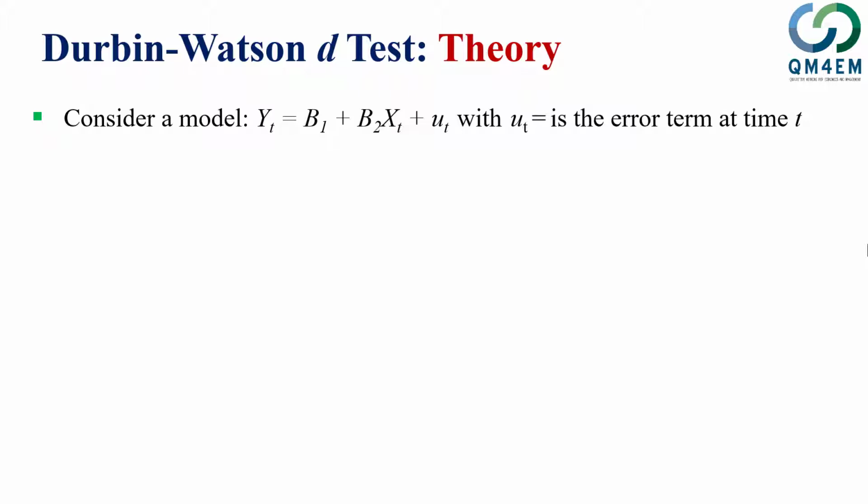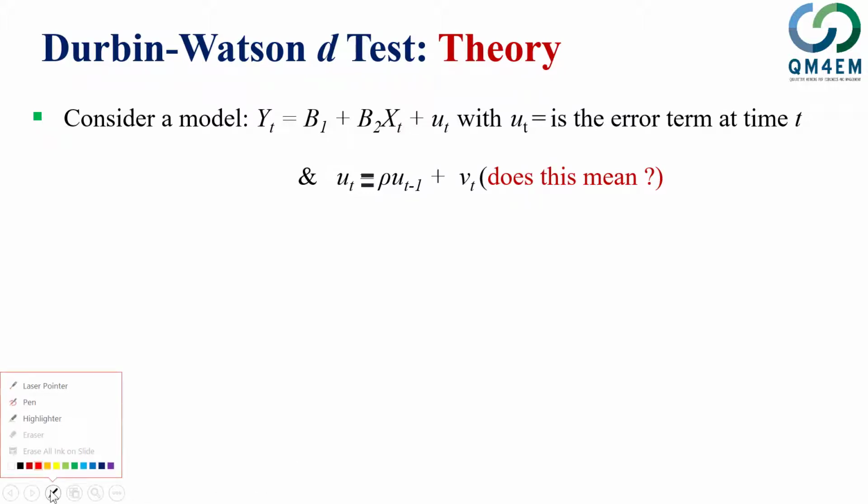Now we assume that the error term is correlated with its previous value, or in other words, there is a problem of autocorrelation in this model, and the error term in period t is linked with the error term in the previous period, or it's the correlation of order 1.